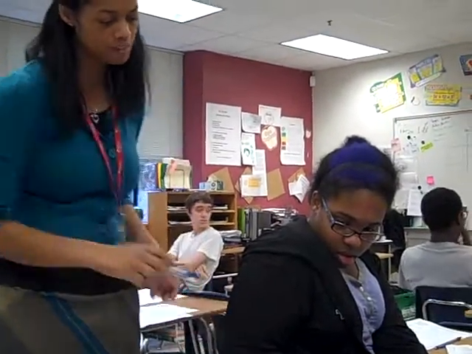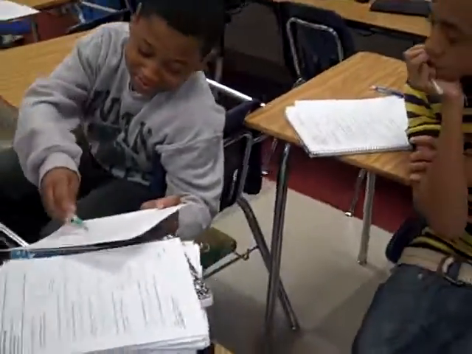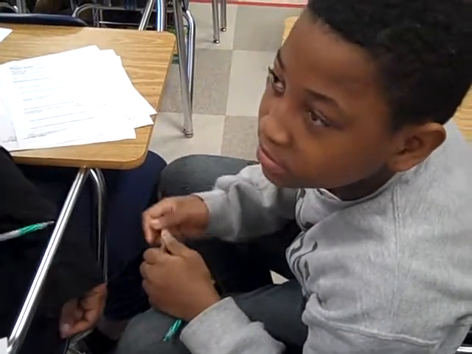Talk to me about this graph a little bit. I want to hear from Jamarius. It just stops? Okay, so you're saying it can't stop? Well, I didn't mean it like that.